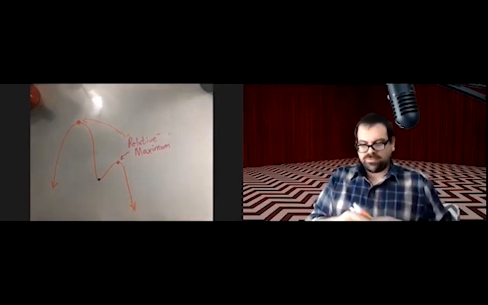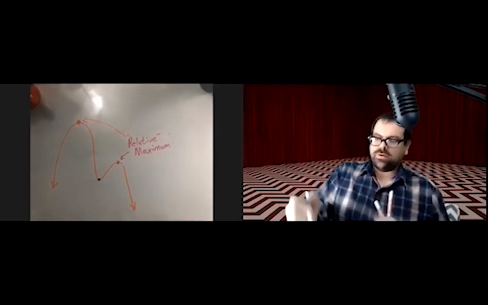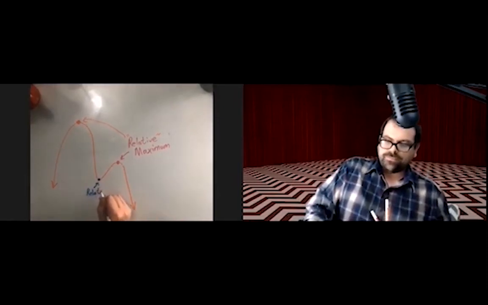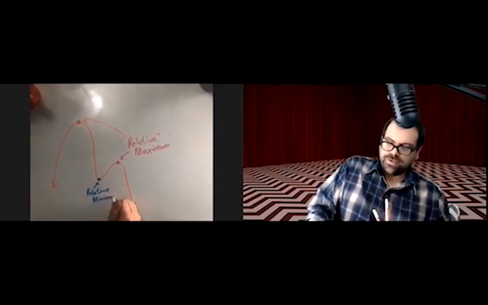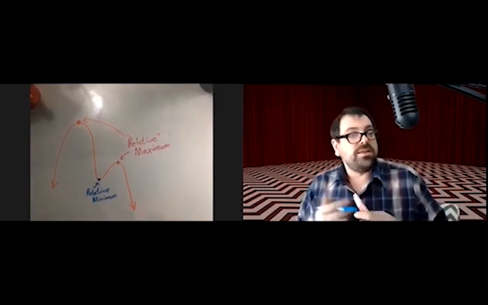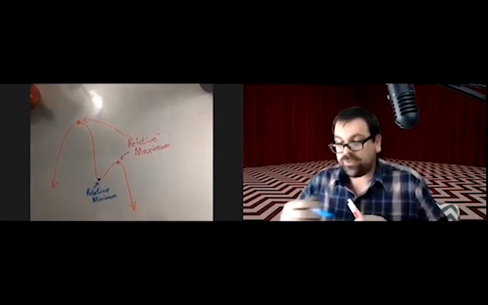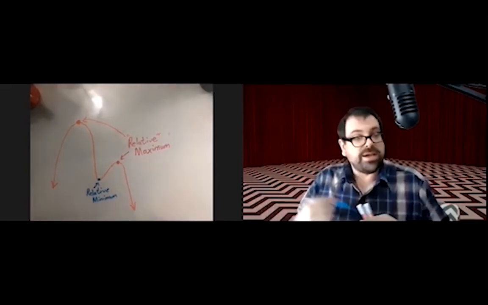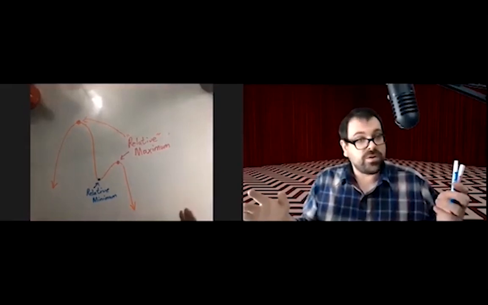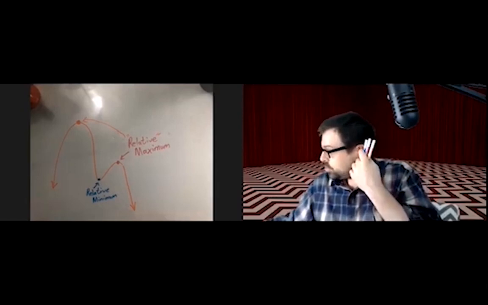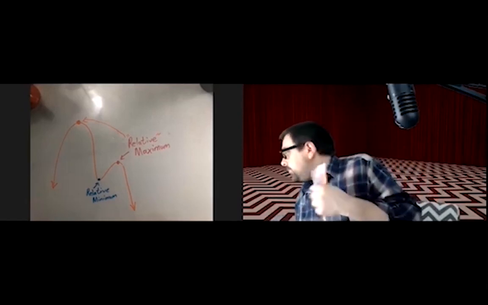So what do you think we're going to call this blue point? Relative minimum. So when we're asked to find relative maximum, relative minimum, we look for the hills, we look for the valleys, we pick the points, whatever they are on the graph. And I don't really think we need to get into that too much further at all.